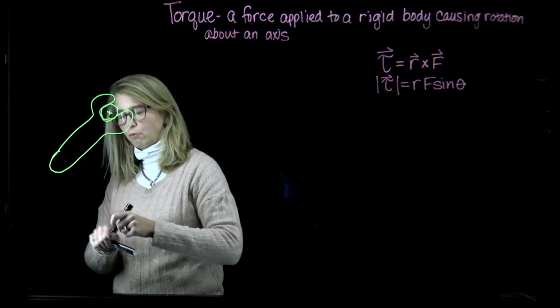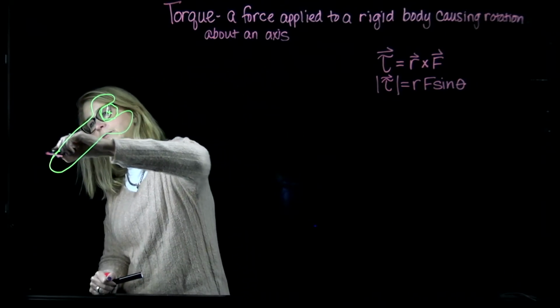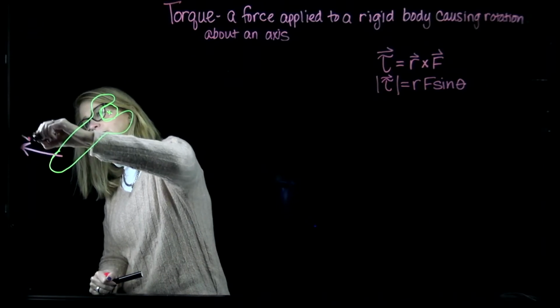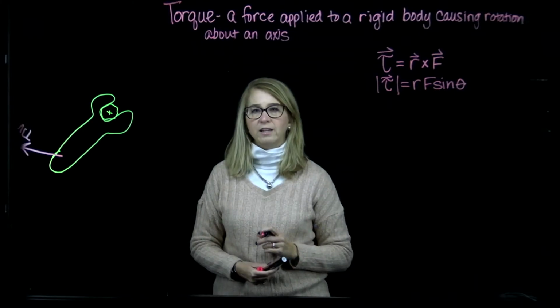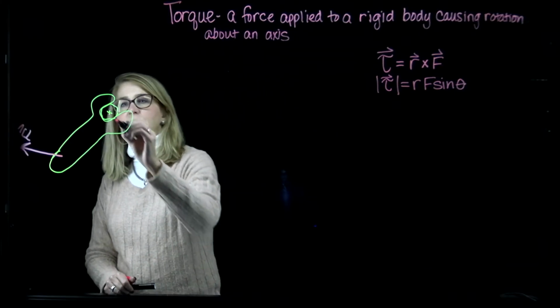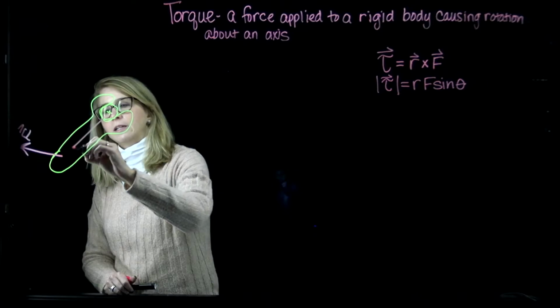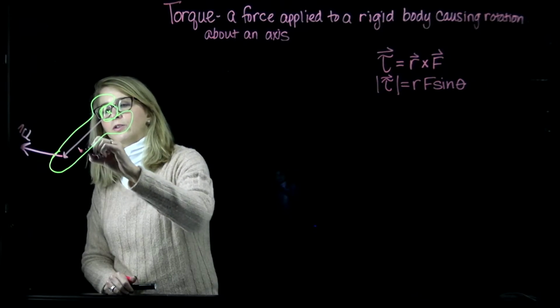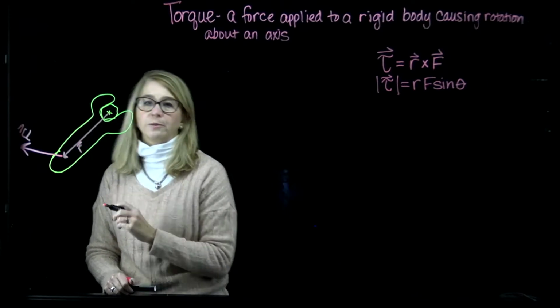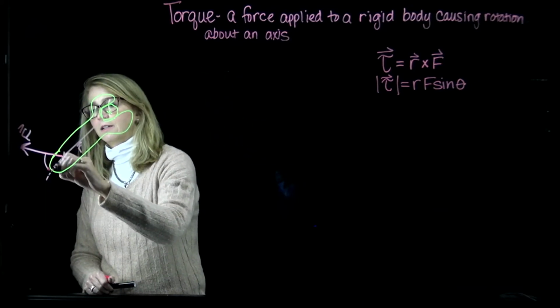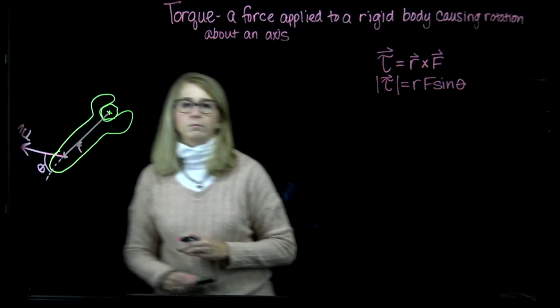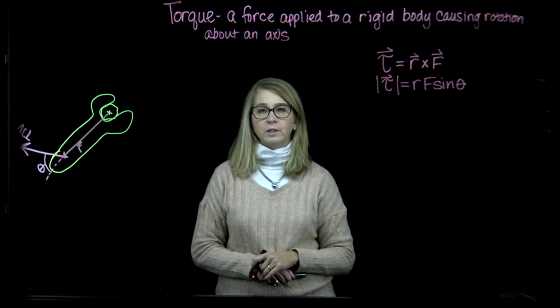So I'm going to draw a force that is being applied to that wrench. And then that will allow me to draw also the radius vector. Now, if I just extend this line right here, this would be the angle between the two vectors.